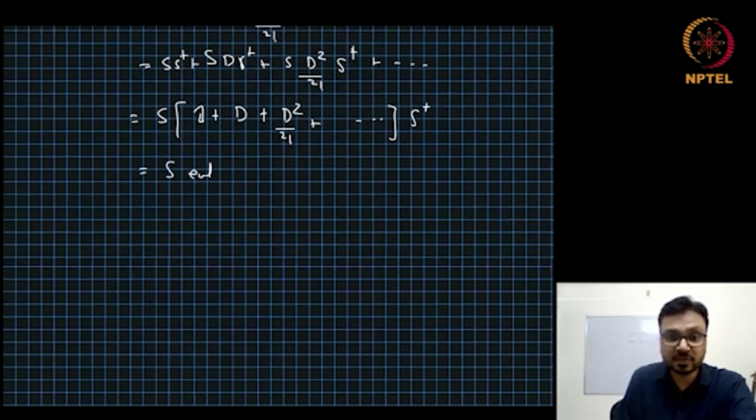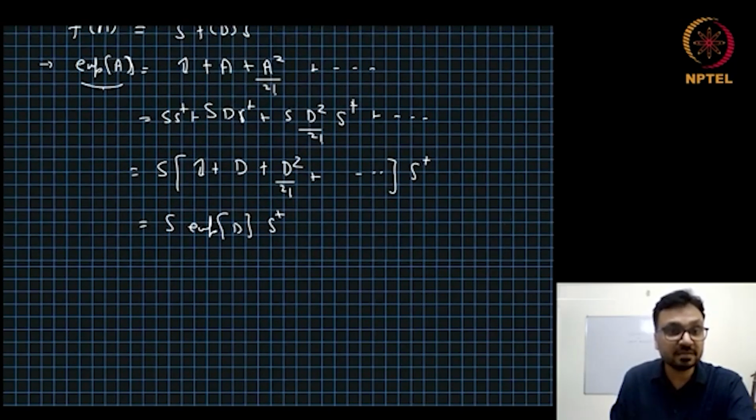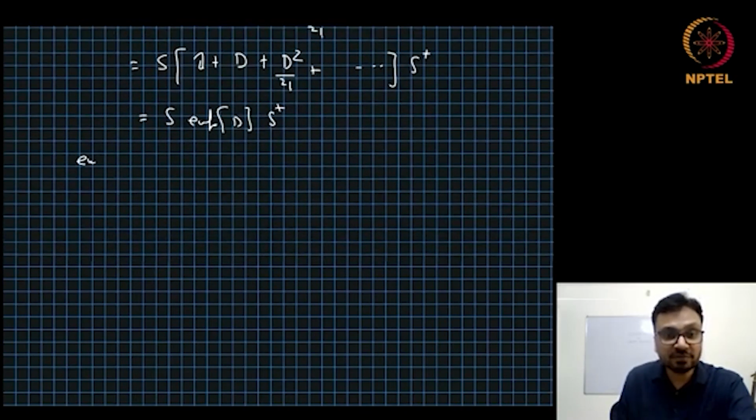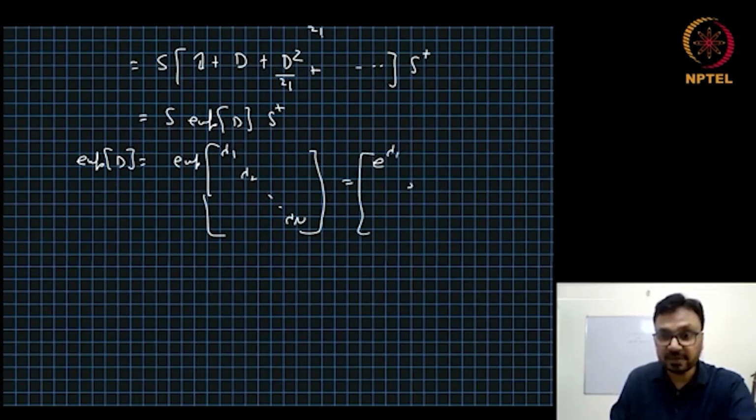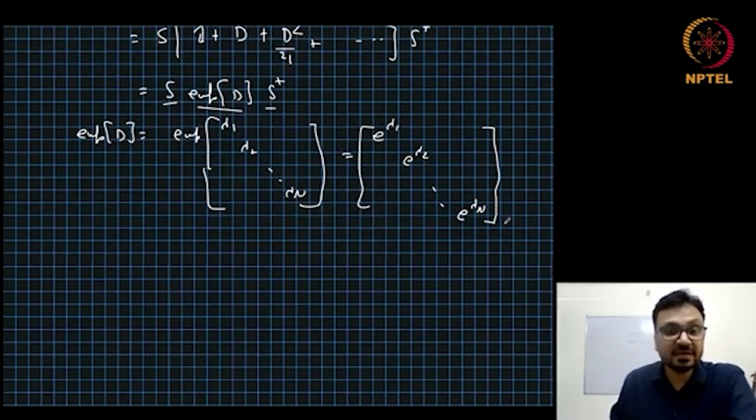And this is S exponential of D S dagger. How is it useful? It's useful because calculating the exponential of A directly is difficult, but the exponential of a diagonal matrix with entries lambda 1, lambda 2, up to lambda n is nothing but exponential of lambda 1, exponential of lambda 2, up to exponential of lambda n. So this part is trivial to calculate, and then we just have to multiply it with the unitary matrix, and we get the function of the operator.